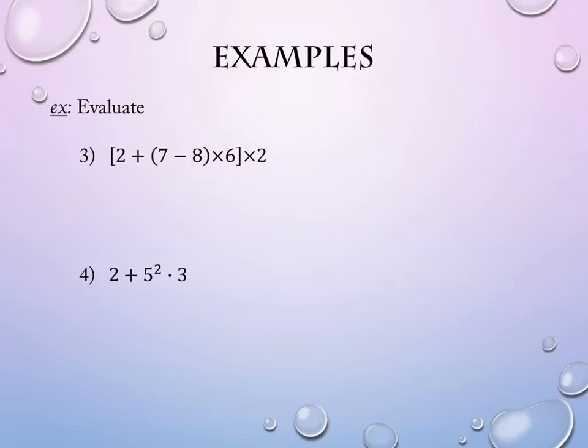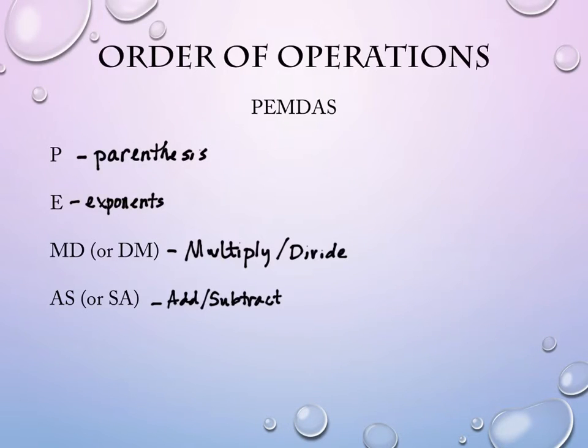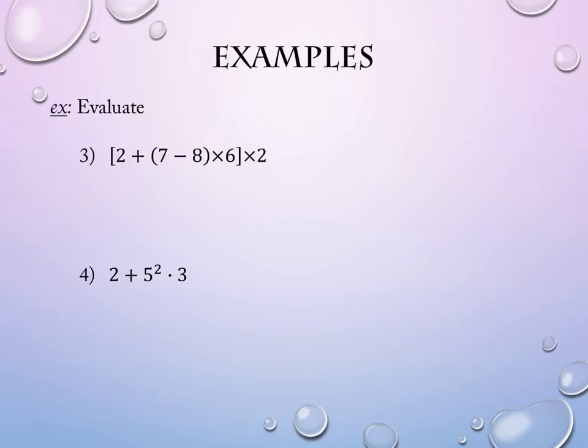Got lots of grouping symbols this time, don't I? Not only do I have parentheses on this one, but I also have brackets. So over here in PEMDAS where it says parentheses, it means any kind of grouping symbols, actually. So brackets get included in that. When I'm looking at this problem, what I need to do is work from the inside out.